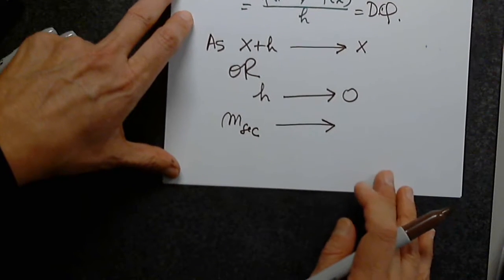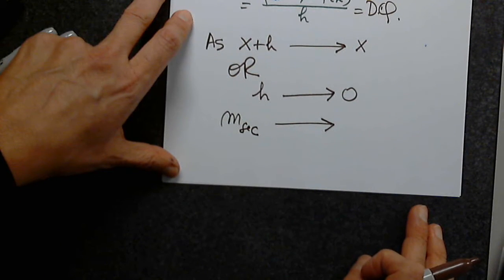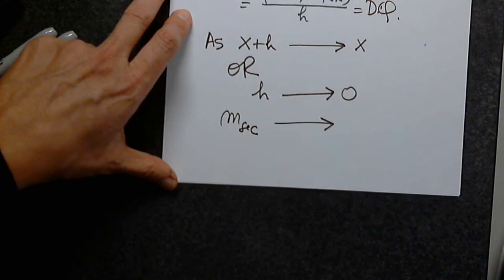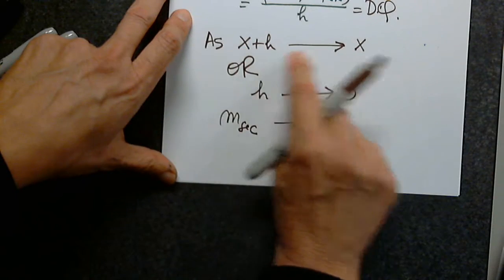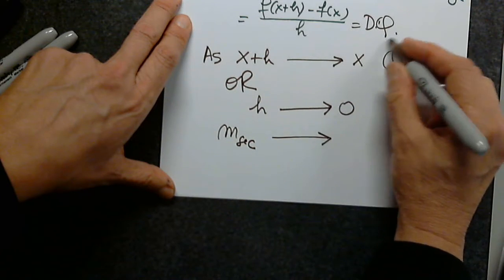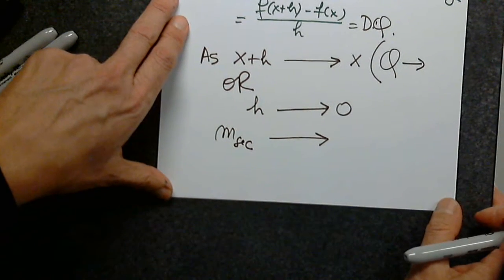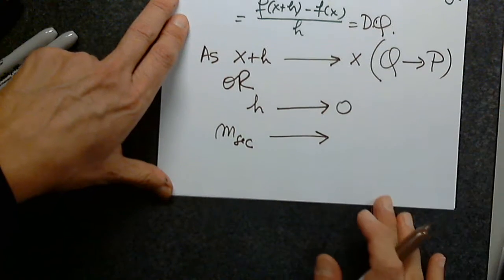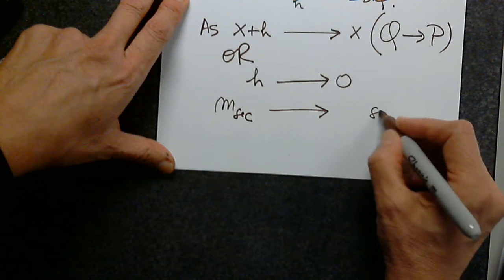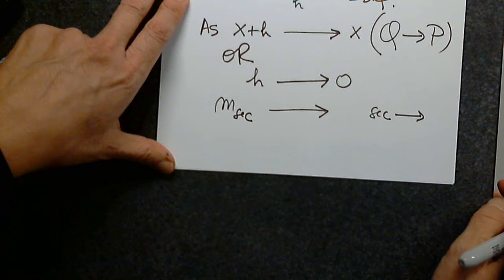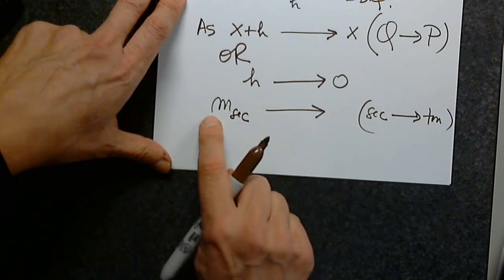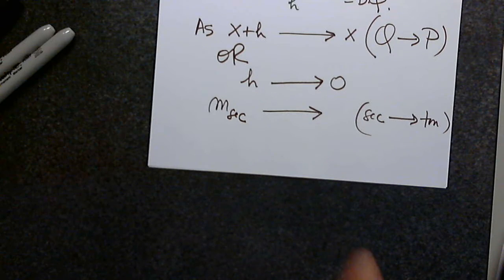The slope of the secant line gets closer and closer. I'm not saying equal. I'm using an arrow, not the equal symbol. So as x plus h gets closer and closer to x, which really means as Q gets closer and closer to P, the slope of the secant line, or I could also say the secant line, gets closer and closer to the tangent line. It's an arrow.